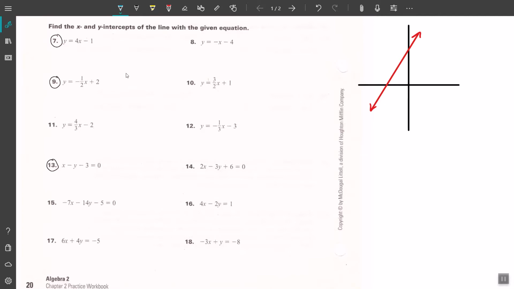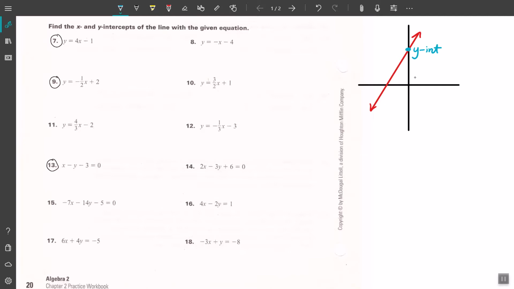If we want to find the y-intercept over here, so they asked us to find x and y, we're going to go ahead and start with y. That would be the point where the graph crosses the y-axis, the y-intercept. When it crosses the y-axis, you can see that our x value is going to be 0.